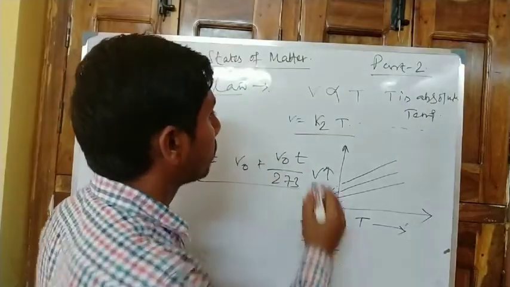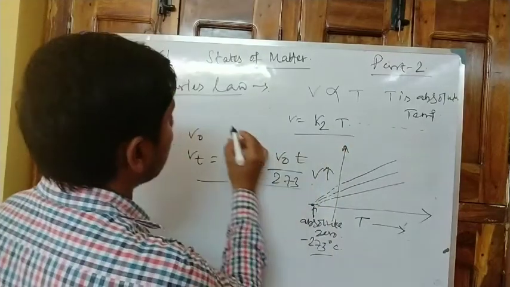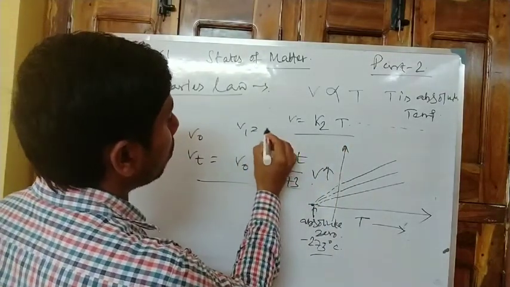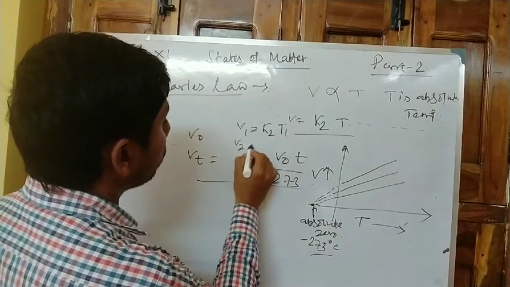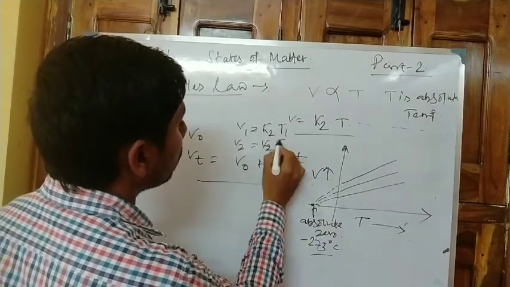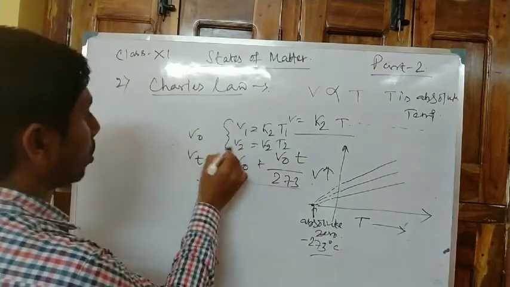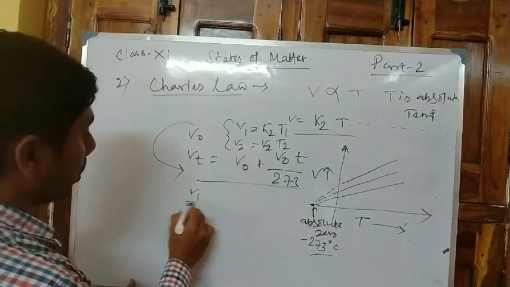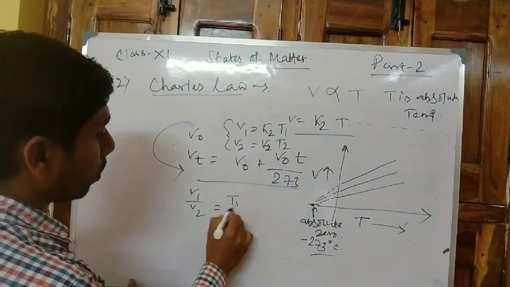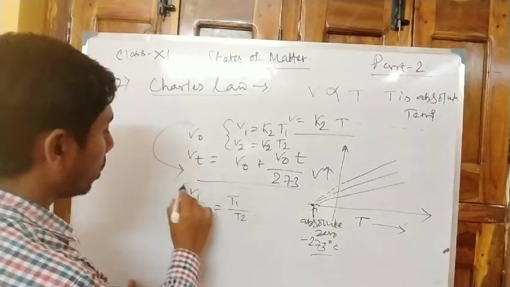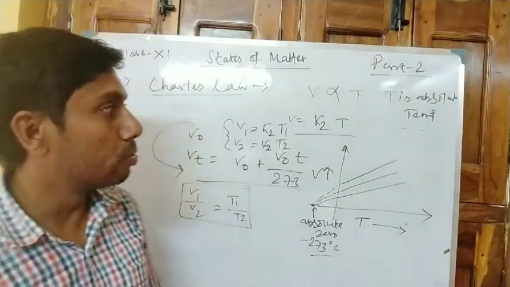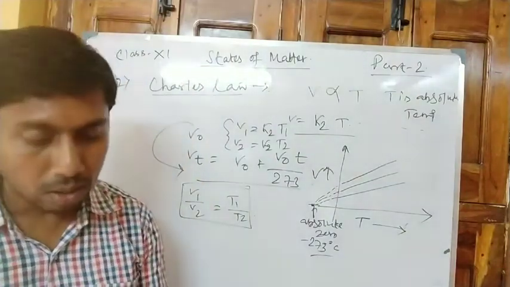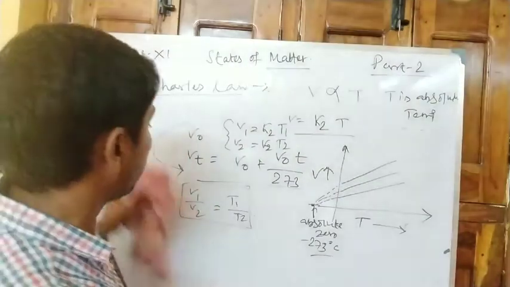Now, V1 equals K2 into T1 and V2 equals K2 into T2. So, using these two, V1 by V2 equals T1 by T2. It is also a corollary. Now, using this, we can solve some problems.